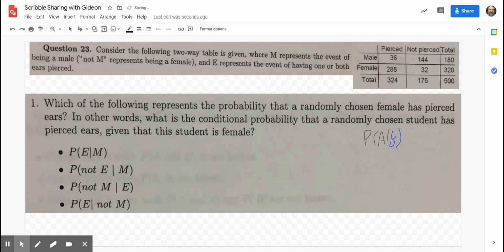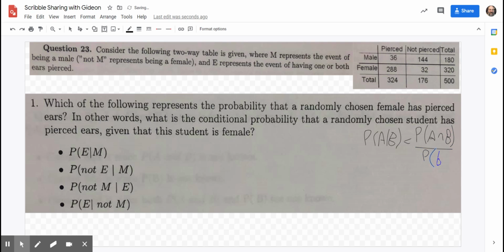The probability of A given B is going to be equal to the probability of the intersection of A with B, that's the amount of A that's inside B, divided by the size of B.